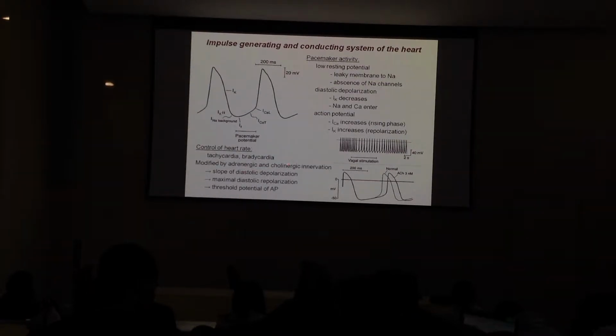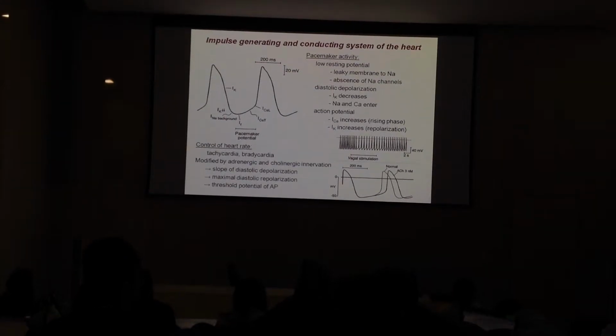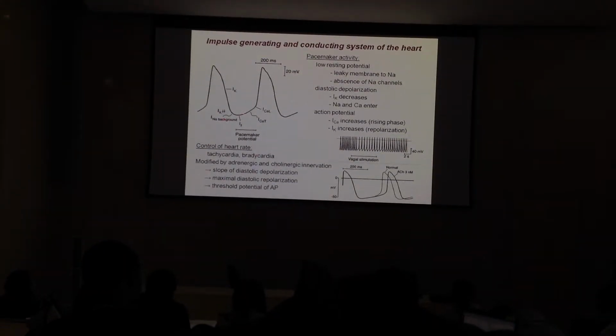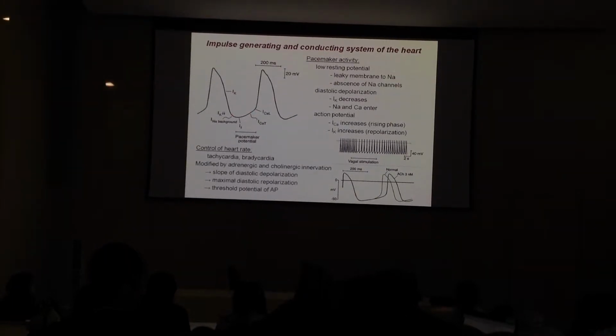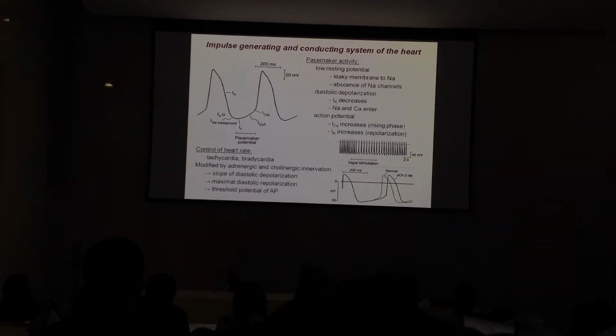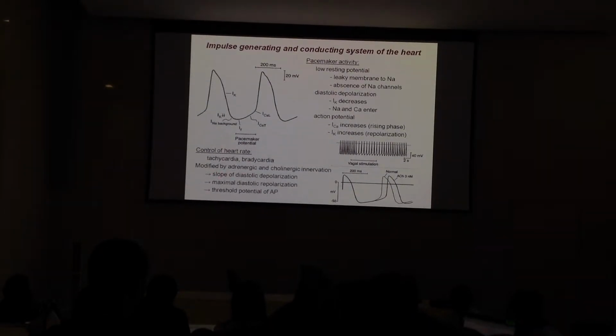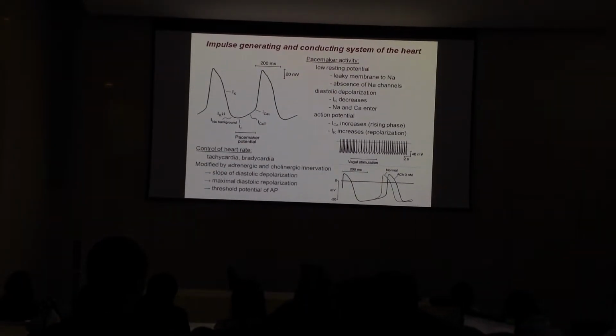Okay, how can these transmitter substances, epinephrine and acetylcholine, increase or decrease the duration of this diastolic depolarization? The first possibility is that the slope of the diastolic depolarization changes.